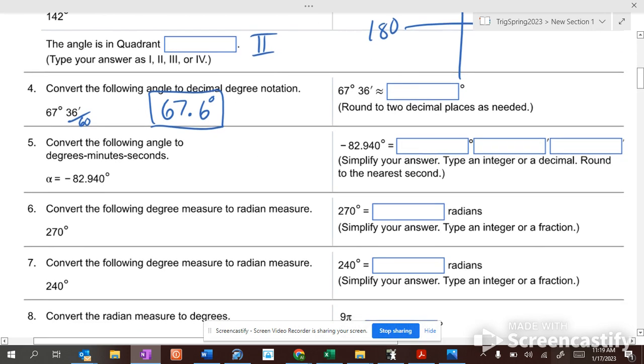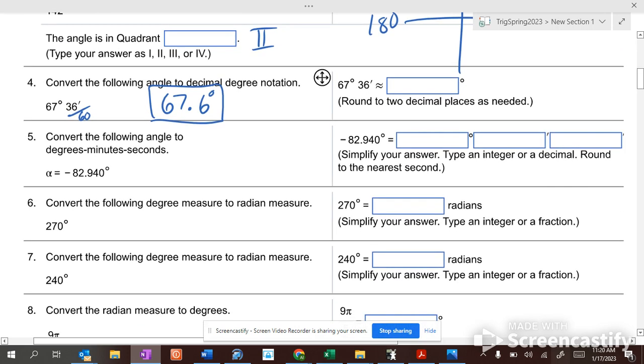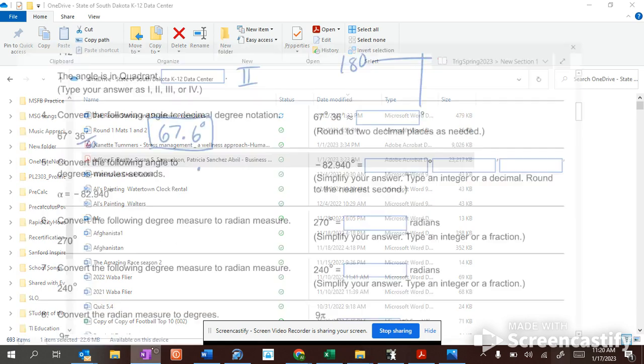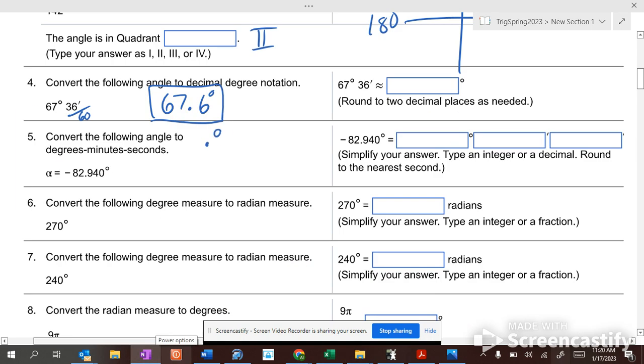And now if we want it in degrees, minutes, seconds, instead of dividing the decimal part by 60, we multiply it by 60. So 0.940, and my stylus stopped working. And I don't know what just happened there. .940 times 60.